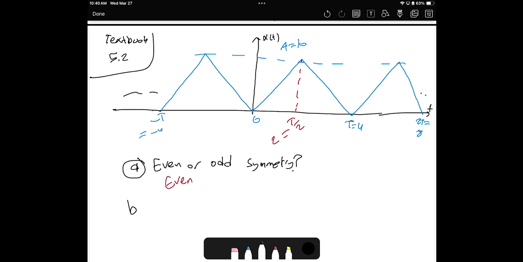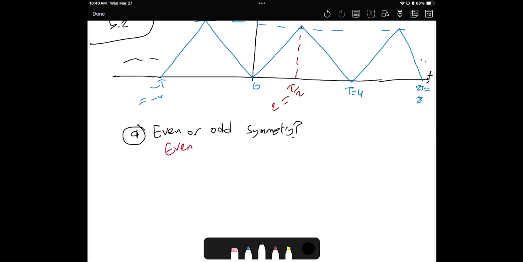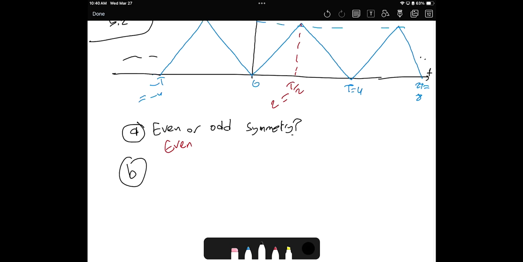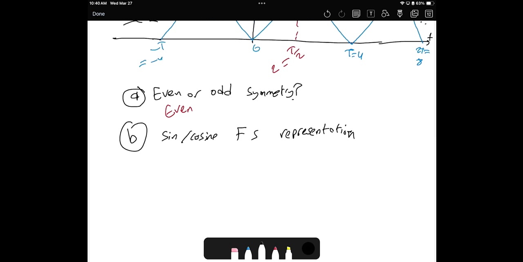Now, part B: find the sine-cosine Fourier series representation. So we need to find the sine or cosine Fourier series. How to find the Fourier series? We can write a general formula, but let's use the benefits of even. Since it's even, all of the B's will be zeros.